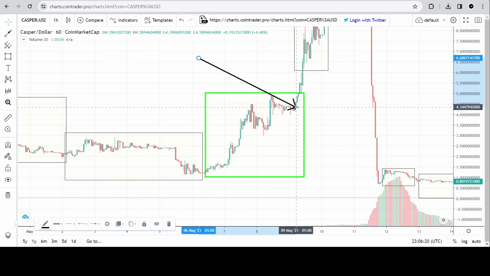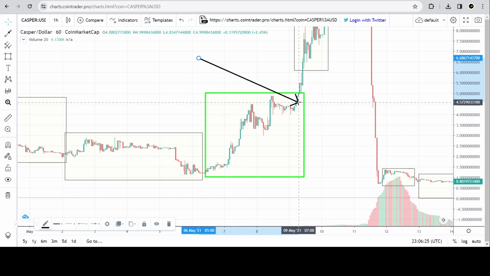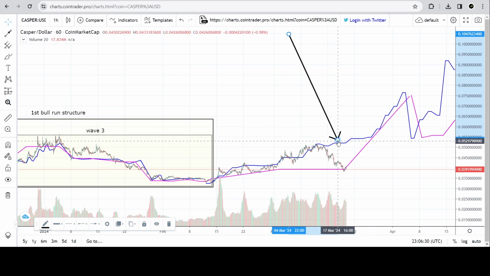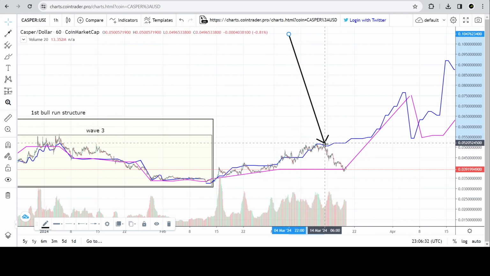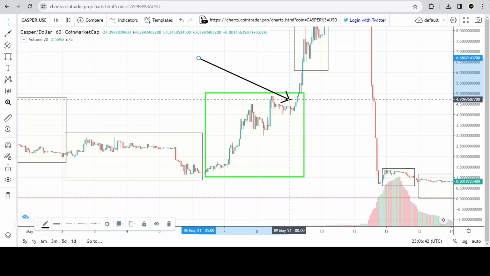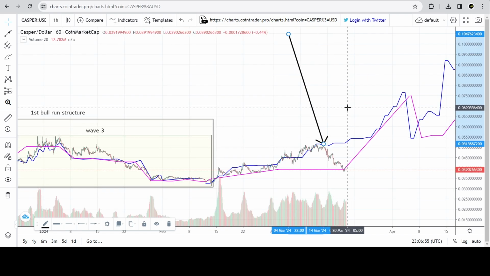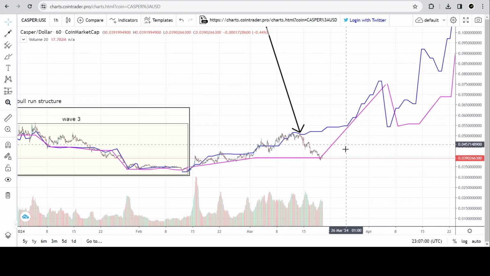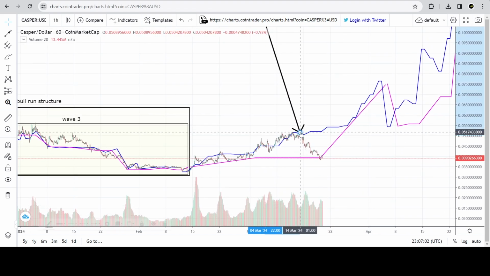However, what I've done on the blue fractal is I've zoomed into a 5-minute candle. This is on a 1-hour chart, so it's not nearly as clear. So we get some better definition of the waves. Now, this structure over here took much longer to form, and because of that, we have more clarity in the fractal. However, despite the pink fractal being unclear, it is still the best match for what is taking place.